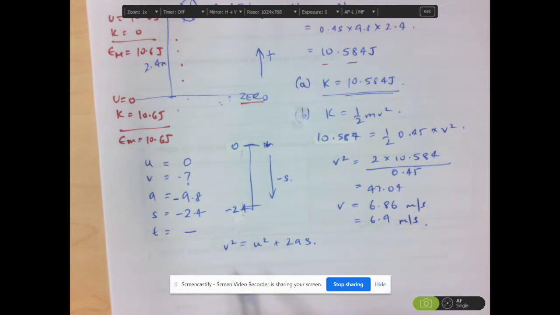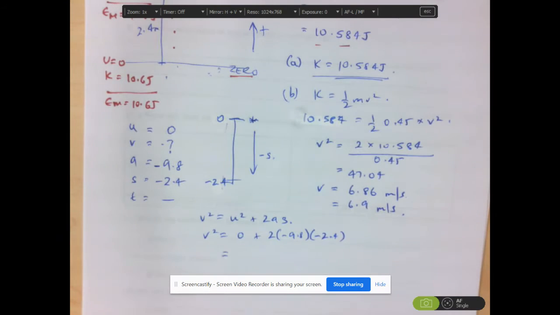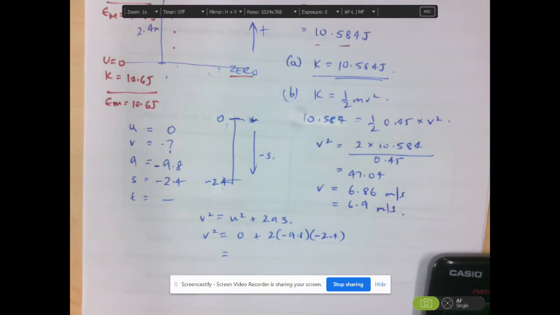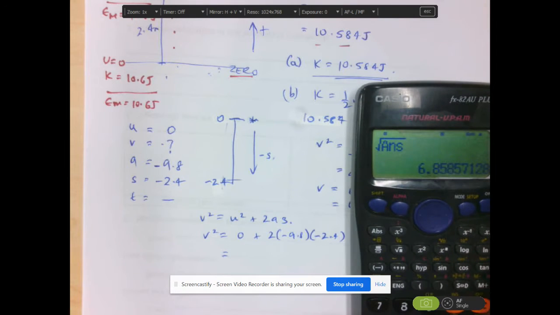Popping these values in, we get v squared equals 0 plus 2 times negative 9.8 times negative 2.4. The negatives cancel, so v squared equals 2 times 9.8 times 2.4, which is 47.04.